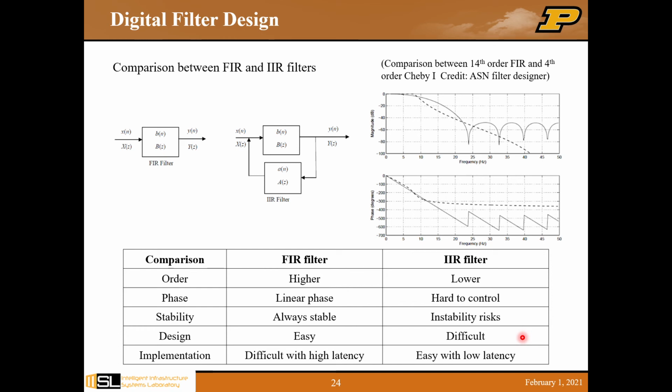But the IIR filter is different. It's easier to implement. It has low latency. So in summary, it depends on the requirements of the implementation and design. Depending on that, you can choose which one is better for your application.